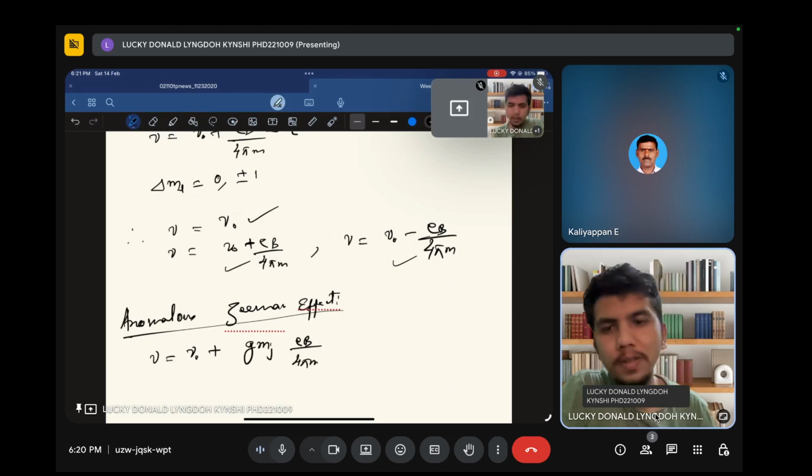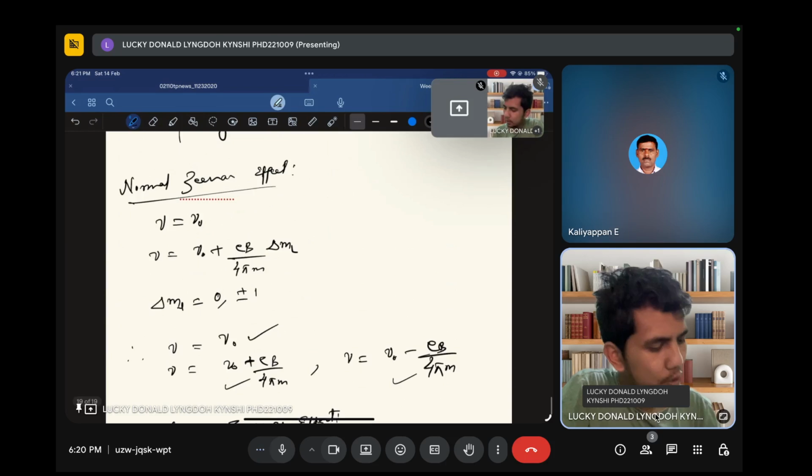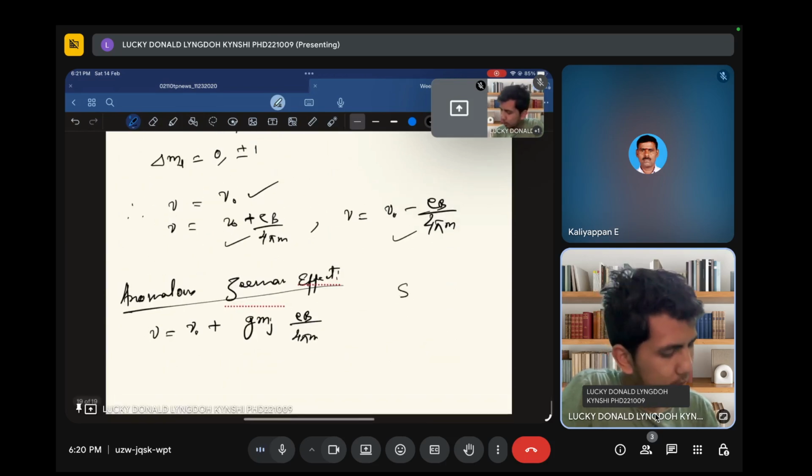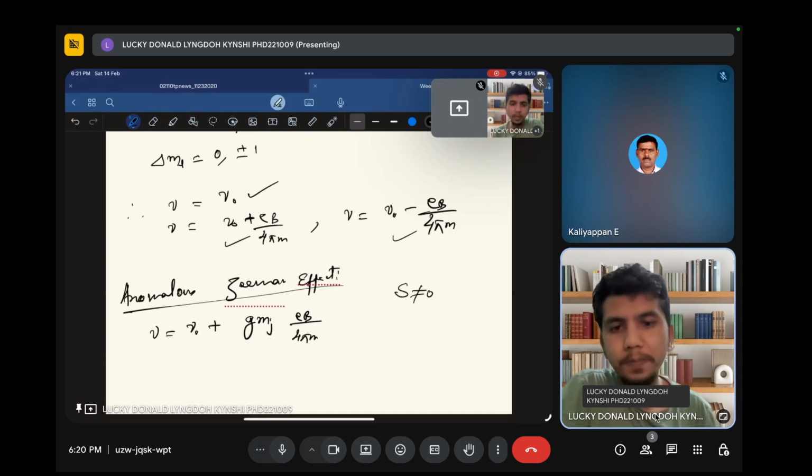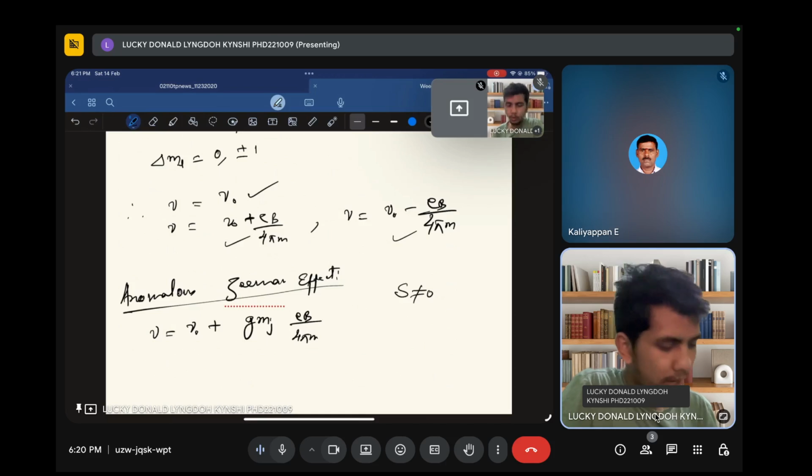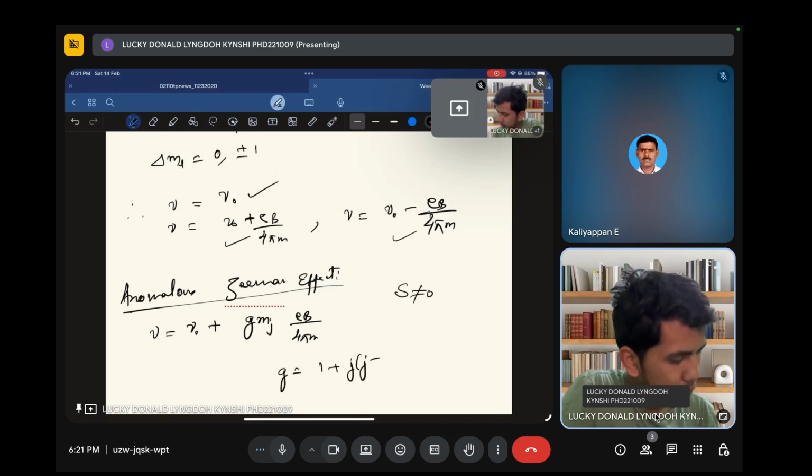The only difference is that in the first case your spin is not contributing, S is equal to 0, but here S is not equal to 0. That is why you have this g term, which is given by 1 plus J(J+1) plus S(S+1) minus L(L+1) over 2J(J+1).